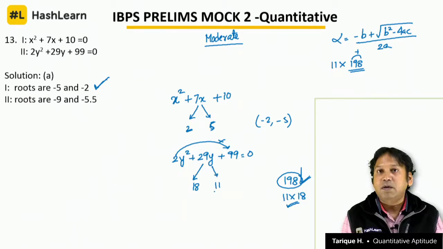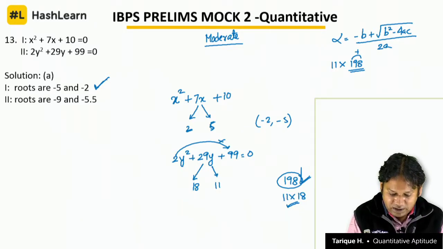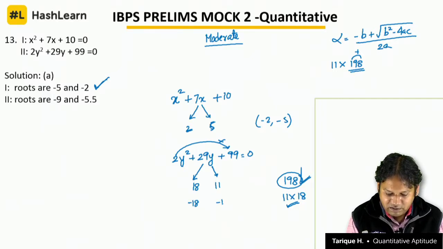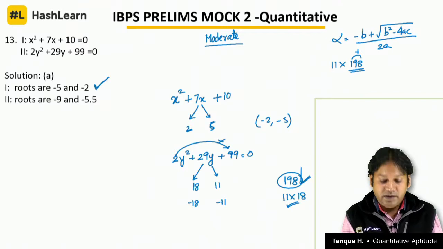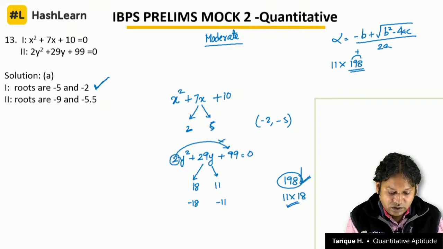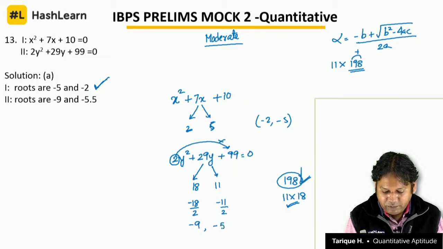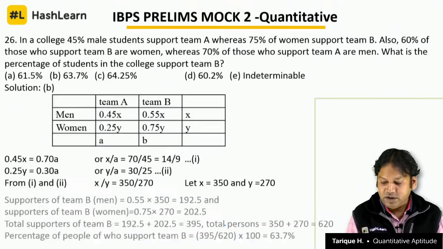Now the way we will solve it quickly is, plus 18 becomes minus 18 and plus 11 becomes minus 11, but please keep in mind that here there is a coefficient of y square also. So divide by 2. You divide by 2, what do you get? Minus 9 and minus 5.5. Clear? You can find the roots very easily if you know these techniques.